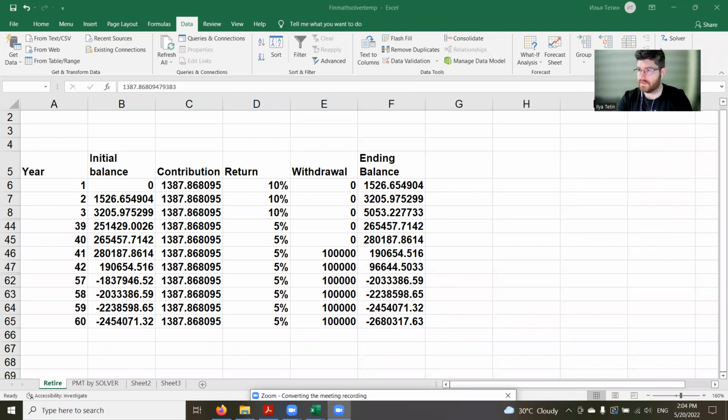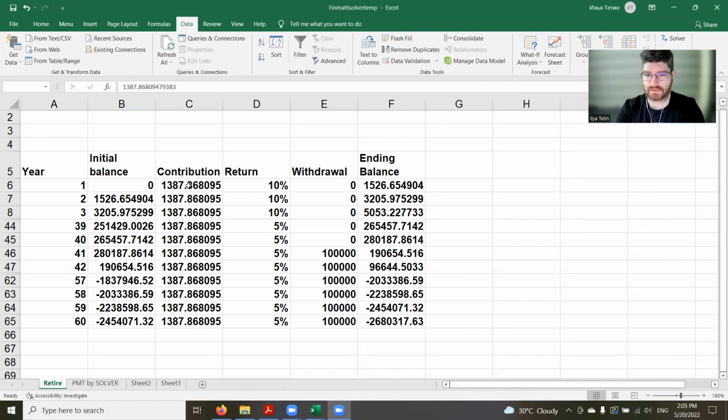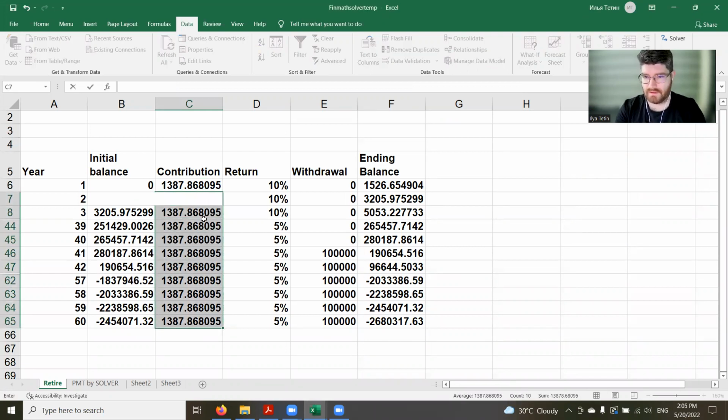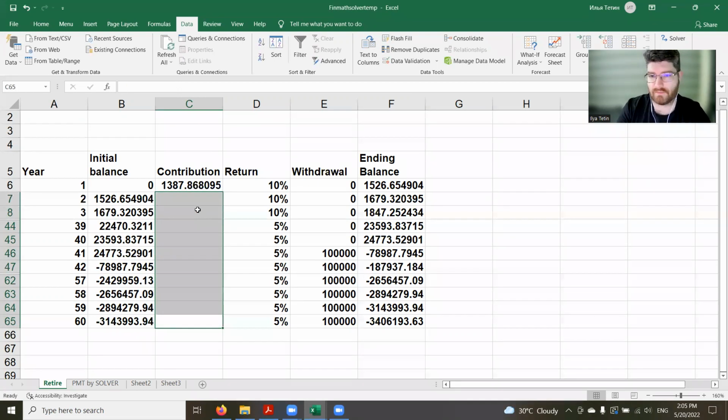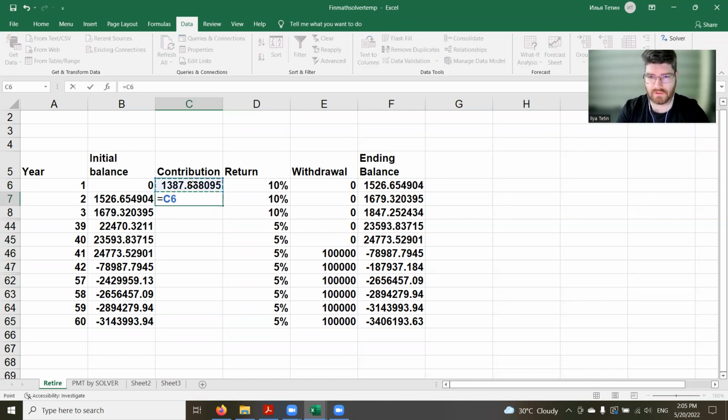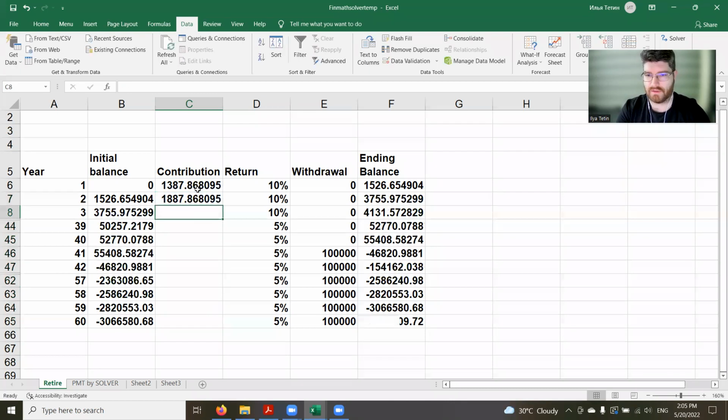All right. So here we have to make these values a little bit different, because we should have some kind of constraint on how much we contribute. Initially we were contributing some amount in dollars, and we grew this contribution with this value.